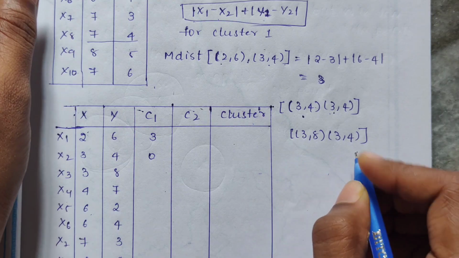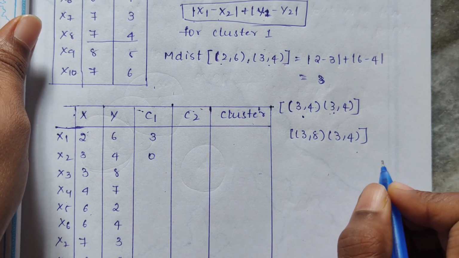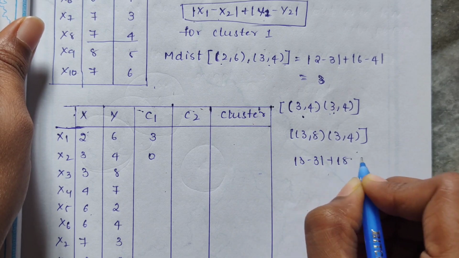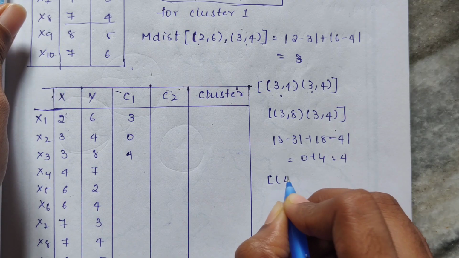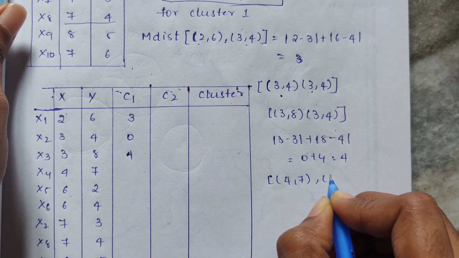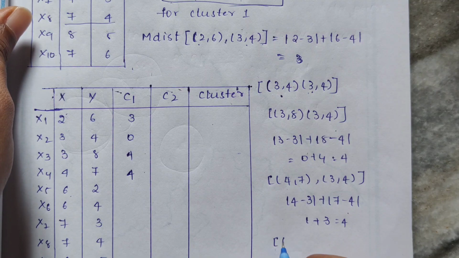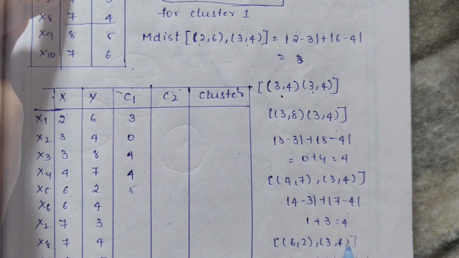Now let us calculate this. Modulus of x1 minus x2 plus modulus of y1 minus y2. Similarly, modulus of 3 minus 3 plus modulus of 8 minus 4. Similarly, for the next data point, 4, 7 to 3, 4. Understood? Similarly, we should do this for the other data points also.